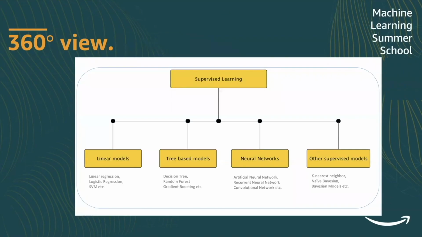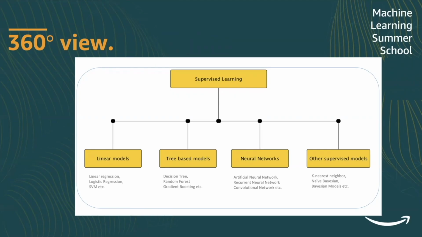This is a very broad overview of the various models from within the supervised learning approach. The simplest are the linear models, which we will look at in the later part of this section.